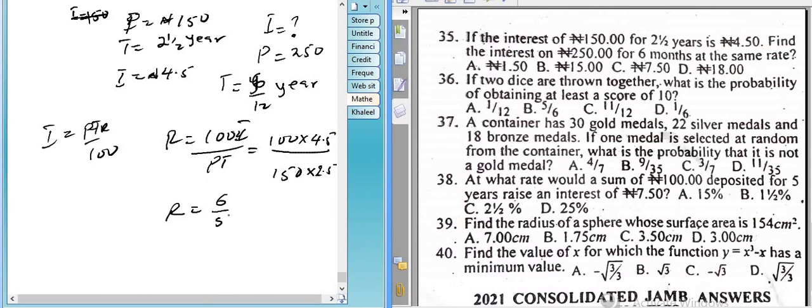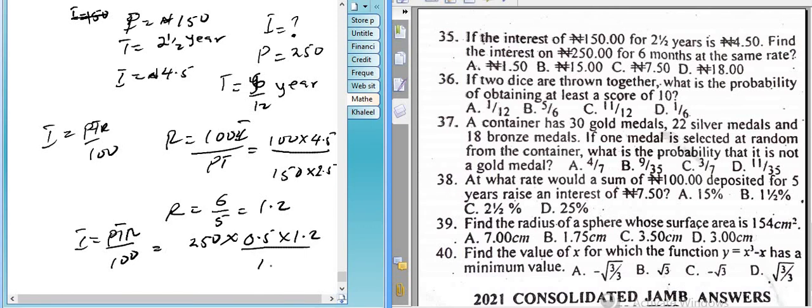So the rate, after multiplying all this, is going to be equal to 6/5, which is equal to 1.2. So at the same rate, find the interest. I is equal to PRT over 100. We take the principal 250 times the time, half a year, that's 0.5, times the rate 1.2, all over 100.